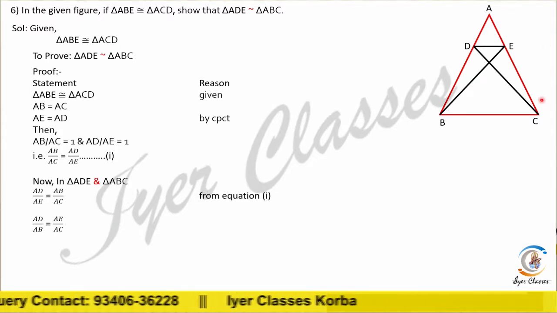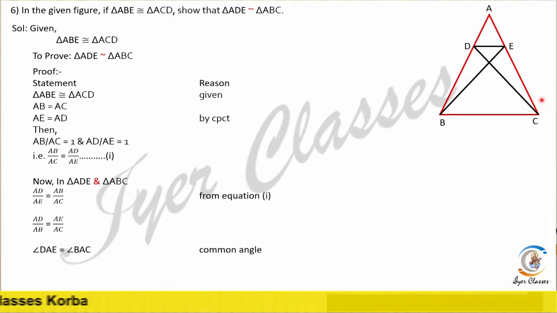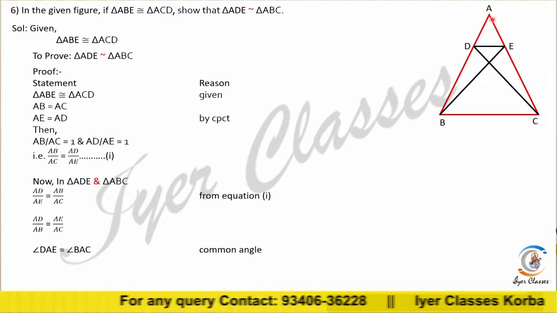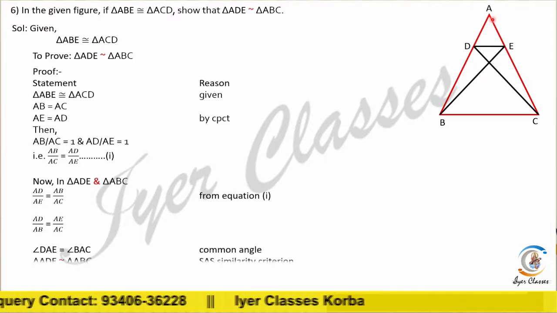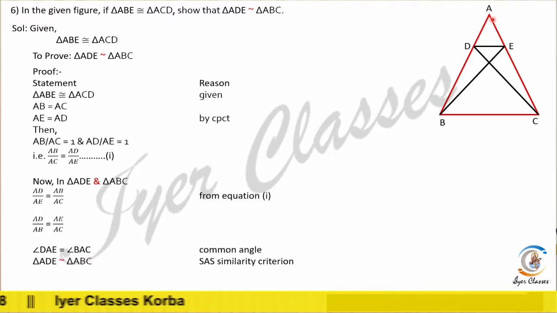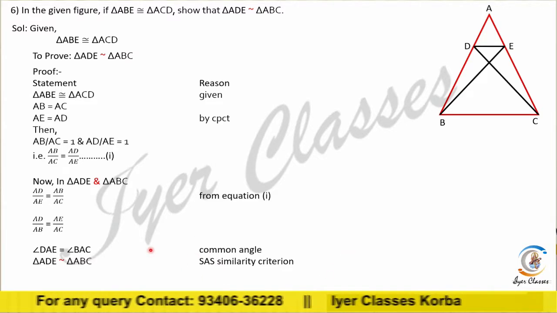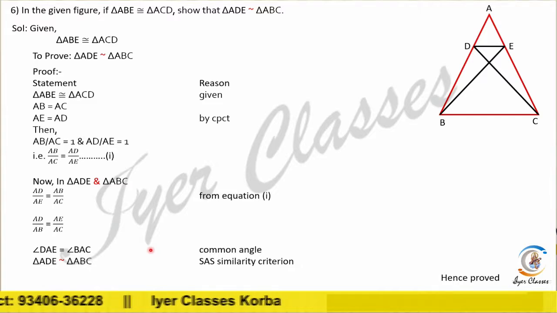And you also have the angle DAE and angle BAC, the same angle, that is this angle A. So being a common angle, it has to be equal. So the triangles ADE and ABC are similar by using what criterion? Side angle side criterion. And this was what we were supposed to prove.